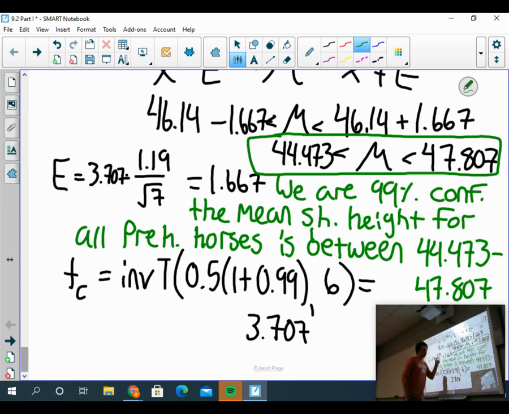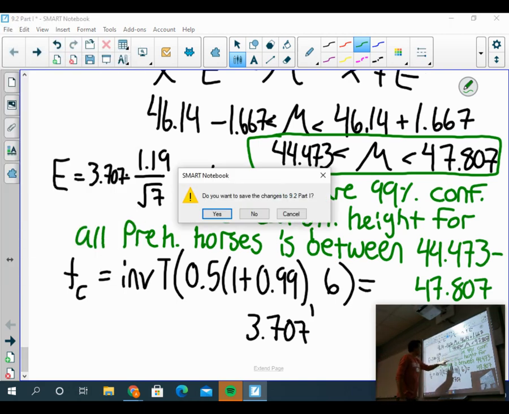Then we can say that for our specific interval, based on our specific sample and sample mean, we are 99% confident that the true mean shoulder height of all prehistoric horses is contained in our interval. It's somewhere contained in our interval. Okay?